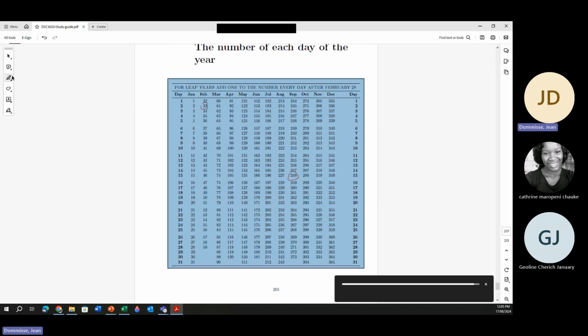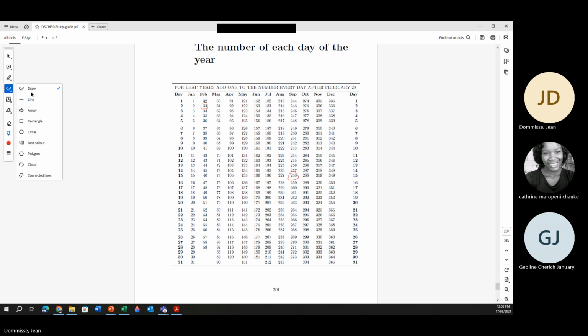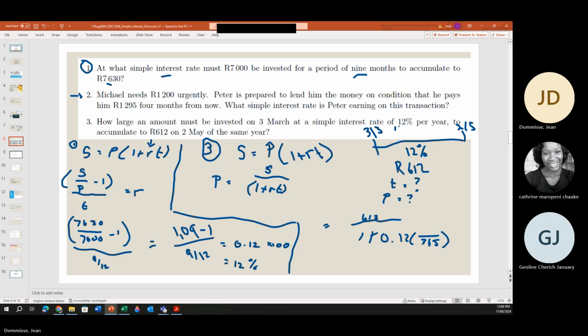Let's just quickly check. 2nd May is 122, minus 3rd of March, 62. So 122 minus 62 gives us 60 days.